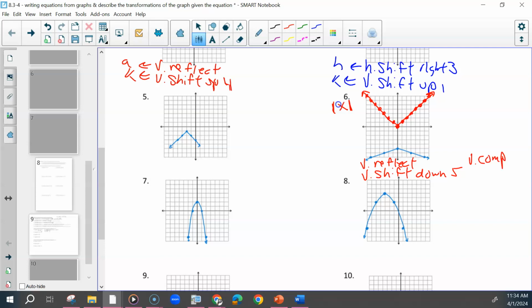To figure out that compression, these lines work just like slope. Start at the vertex and count what that slope would be. So if I started here and counted here, what would that slope be? -1/3.